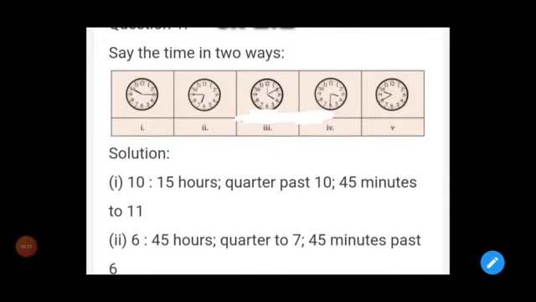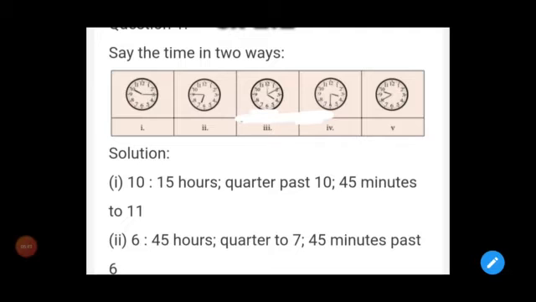So first subdivision, the timing is 10:15 hours, or else quarter past 10, or else 45 minutes to 11. Okay, after the 10, quarter past.